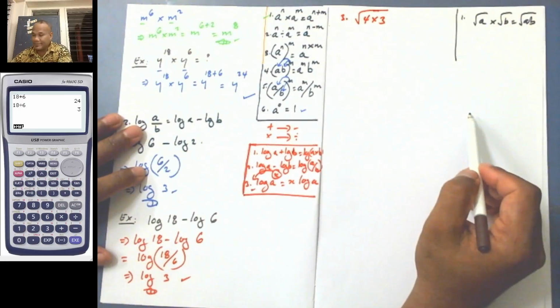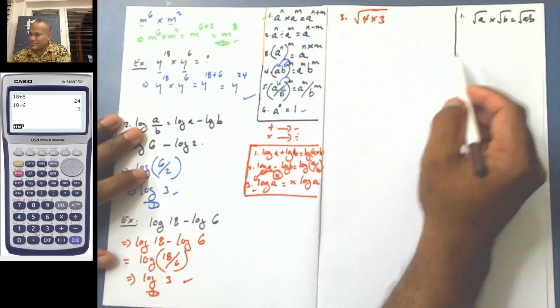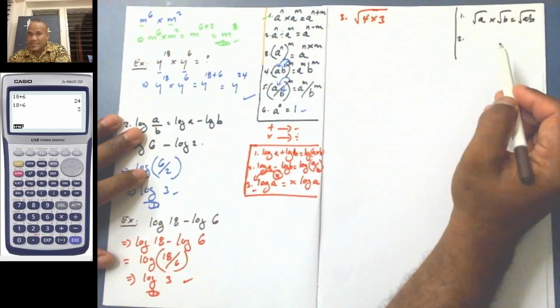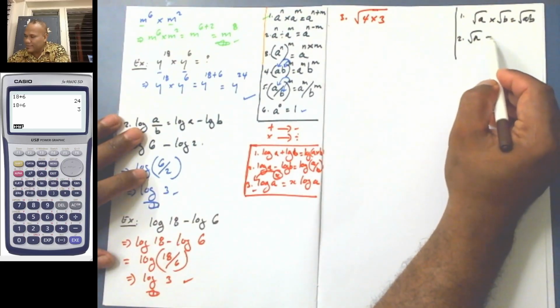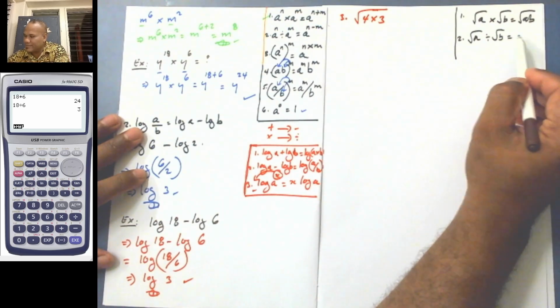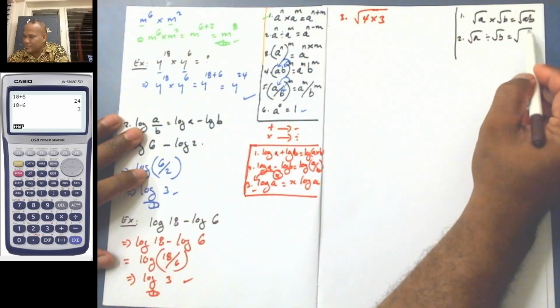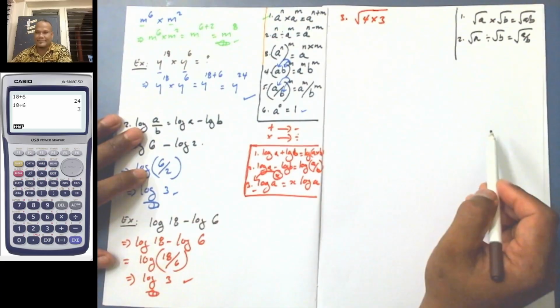Keep that in mind. That's a very important formula when it comes to surds. The second law says square root of a divided by square root of b is equal to square root of a divided by b, whole thing under the square root.